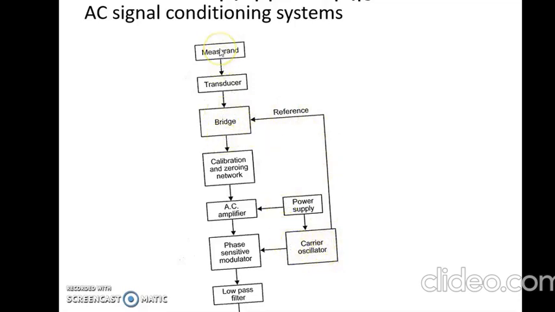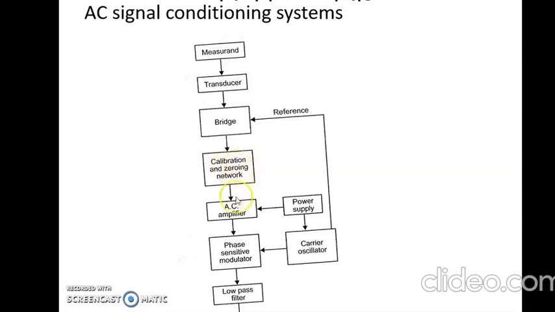Now when force or pressure is applied, the resistance of the strain gauge changes, which unbalances the bridge, and the galvanometer or the voltmeter gives the output voltage.